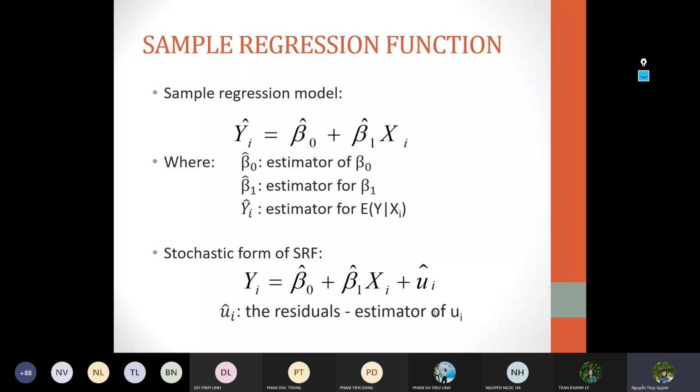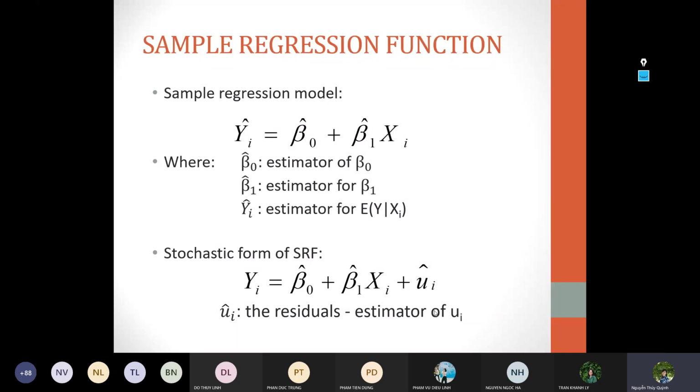So if the population regression model has a linear form, then the sample regression function will also have a linear form. The form of the sample regression function will be the same as the form of the population regression model, but the way that we express it is different.